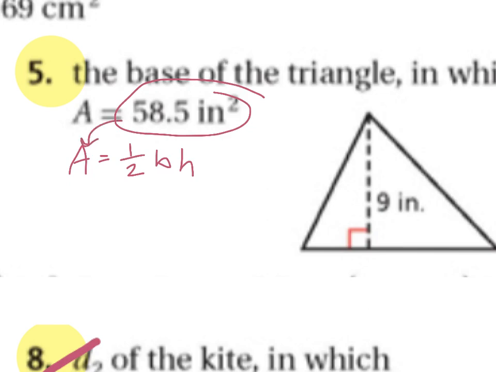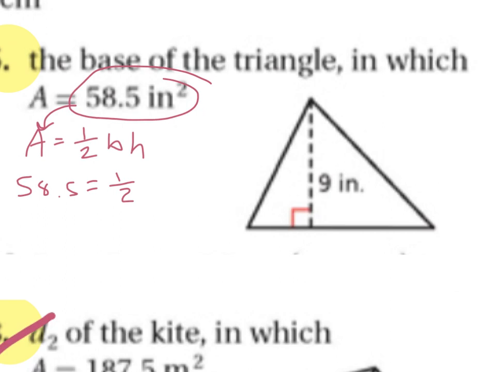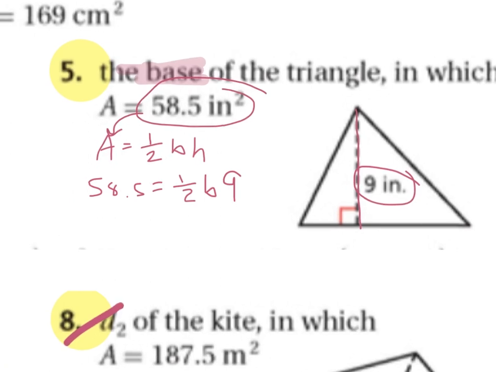So we're just plugging it in. So we have 58.5 is equal to 1/2. It doesn't give us the base. That's what we're trying to find. So it's asking us to find the base. So we can just put a B for base. And it gives us the height. So remember, when we have a triangle, the height has to be the perpendicular line. So we have the height as 9.